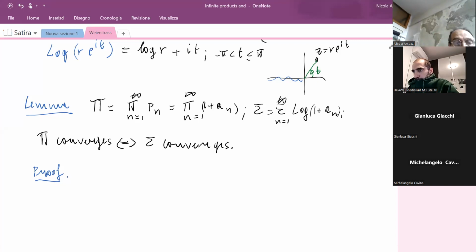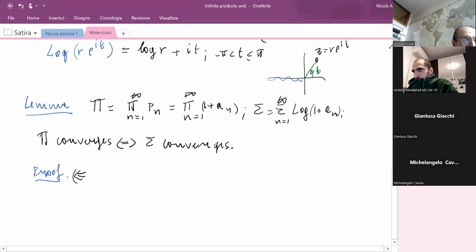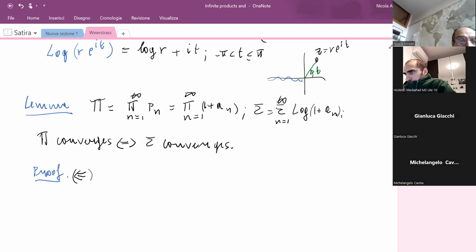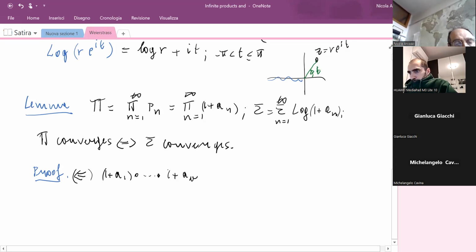So for the proof, it is this principal determination that has to be taken into account. So if you consider 1 plus a_1 times blah, blah, blah, times 1 plus a_n, it is true that this is the exponential of the sum of log of 1 plus a_n. I mean, that's just a relation.